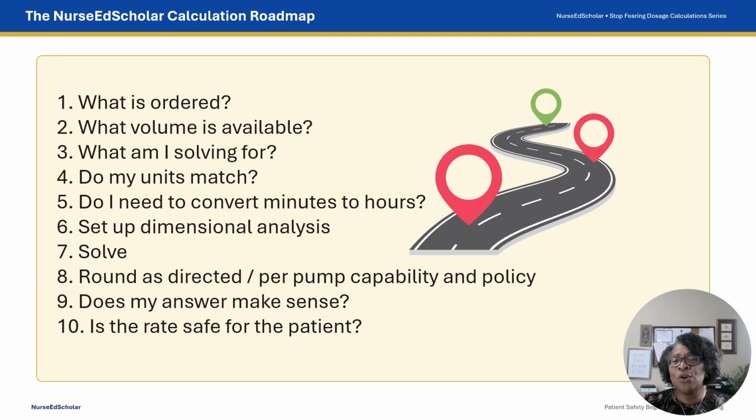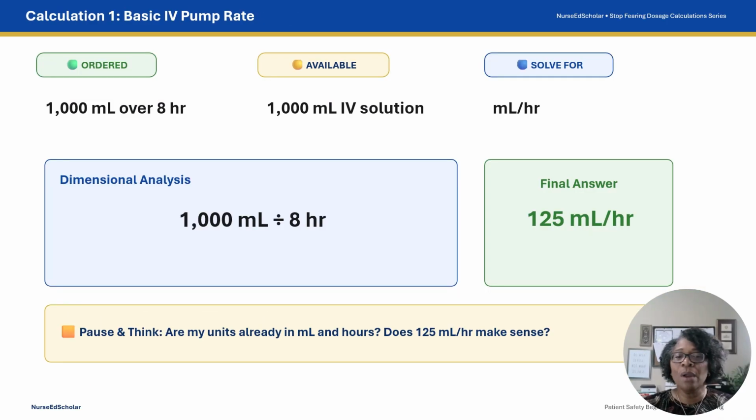So the rate being safe goes through the entire series, because like I've said before, the math can be correct, but is this clinically safe for my patient right now? I always say right now because your patient's condition can change. So what you're about to give to your patient, is it safe for them right now? Because it could be unsafe for them.